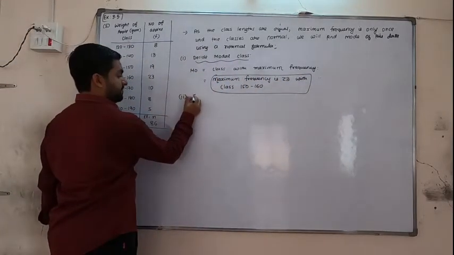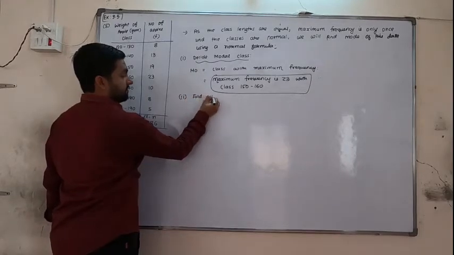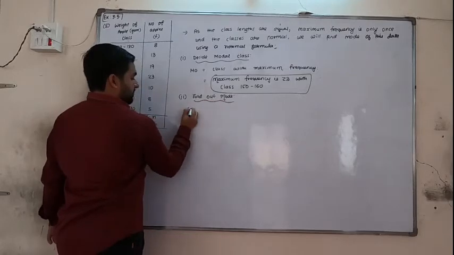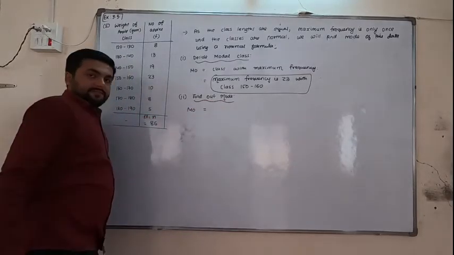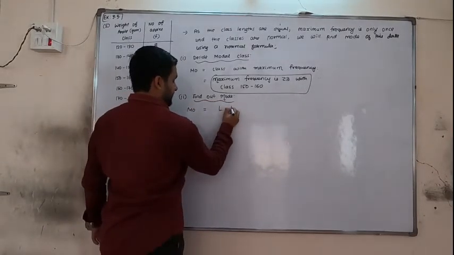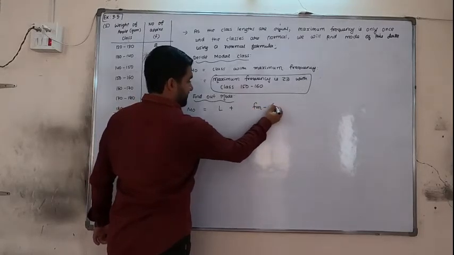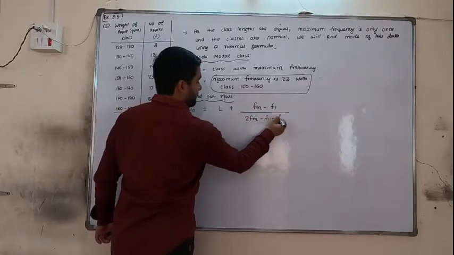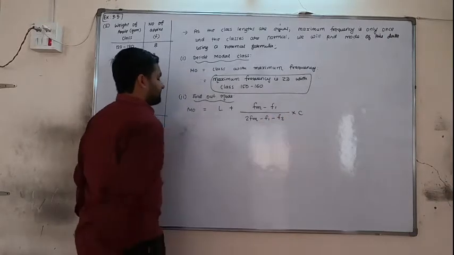Second step, find out the mode. Mo is equal to L plus fm minus f1 divided by 2fm minus f1 minus f2, multiplied by c.